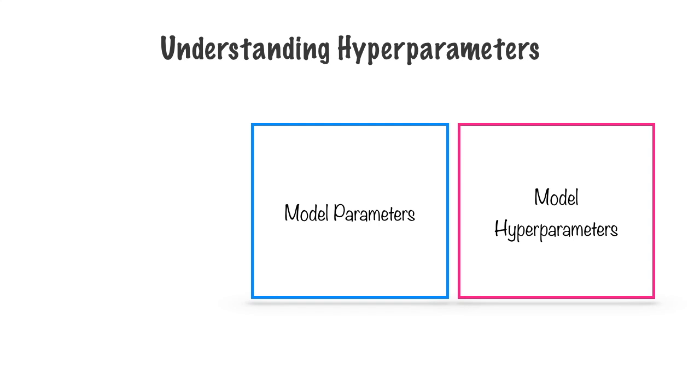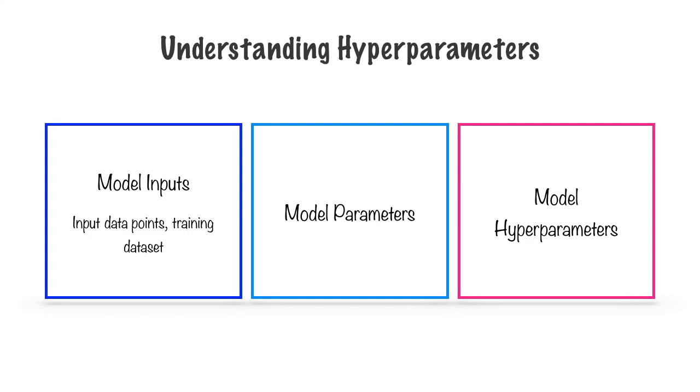Model inputs are what we use to train our machine learning model. These are the input data points. In the case of supervised learning algorithms, these will be data points which have associated labels. This will be a labeled corpus. In the case of unsupervised learning, this will be an unlabeled corpus. In any case, these data points are used to train our model parameters.